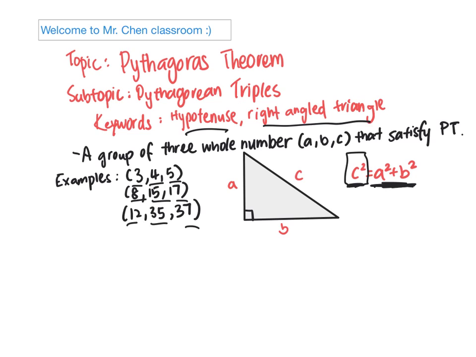So let's look at the first one. First one, we have 3, 4, and 5. They will have to be put into the lengths. Which one do you think is the hypotenuse?